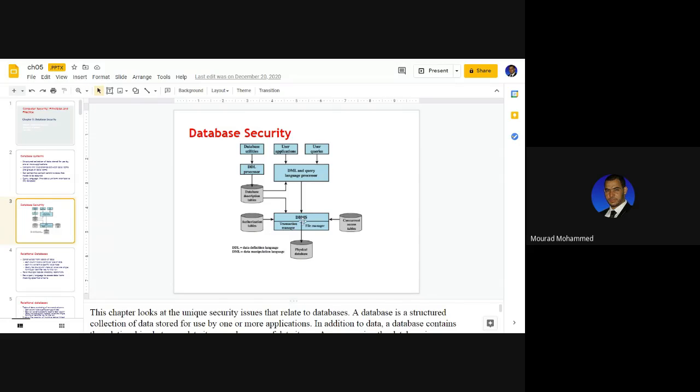Other layers direct the responses and the requests from the users to the database, and from the database to the users' interface. So that is the role of those layers. This is a common understanding.